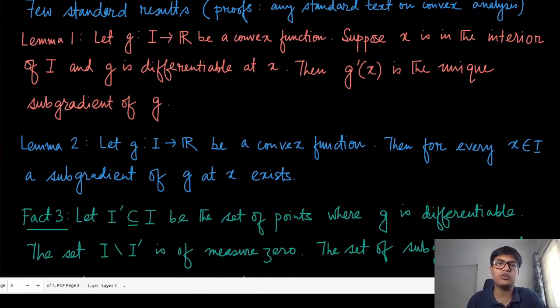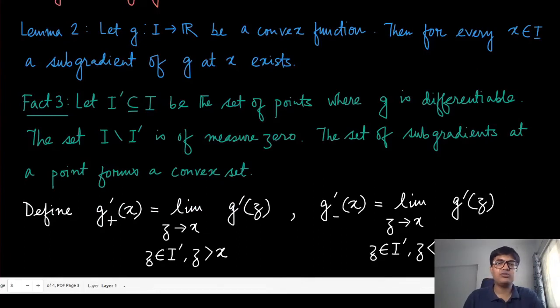The earlier result was only for interior points, but this result is true: the subgradient exists for all points in I. The next fact that we'll be using says that if you collect together all the points where g is differentiable and denote it with I prime, then the set of points where it is non-differentiable is a set of measure 0. In addition, the set of subgradients at a point forms a convex set.